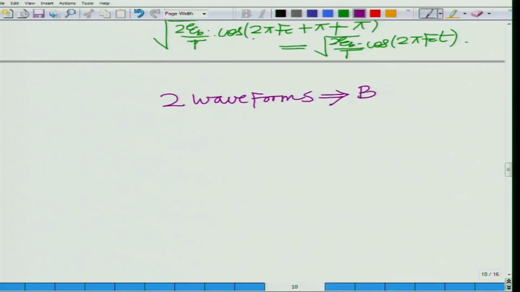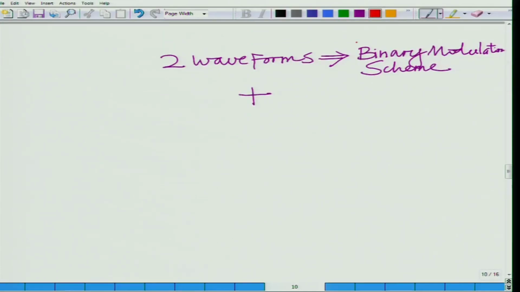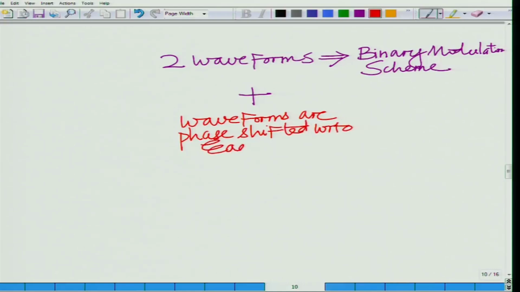This implies this modulation scheme is a binary modulation scheme, plus the waveforms are phase shifted with respect to each other. This implies phase shifting, or the digital modulation scheme is based on phase shifting.